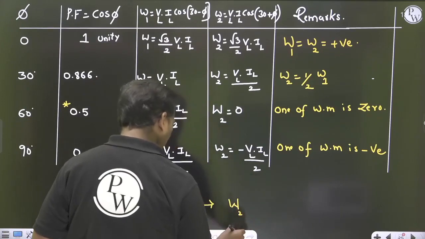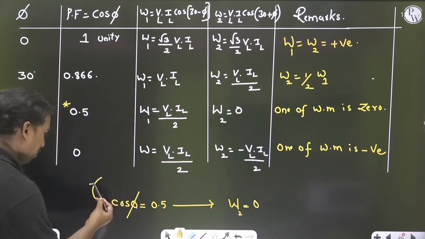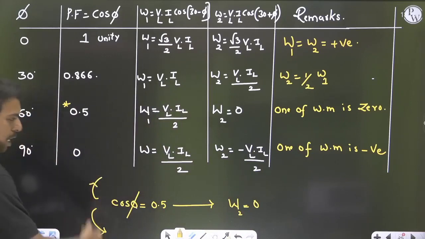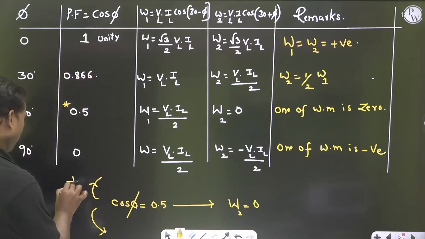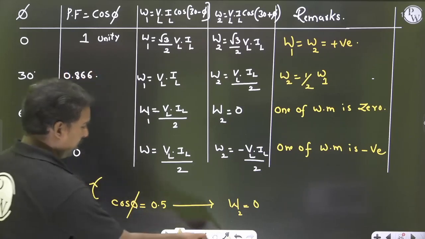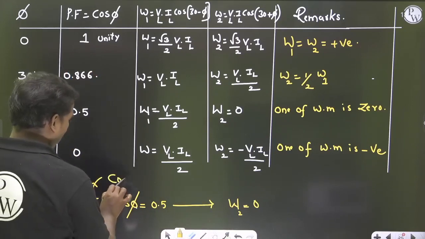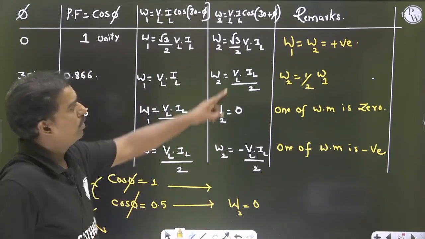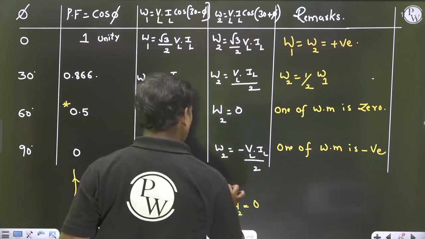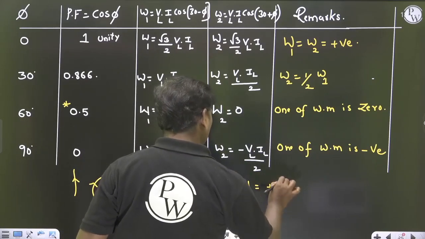Above 0.5 and below 0.5, what is happening? Above 0.5 means positive, it is going for the increasing power factor. That means if you take unity power factor as a reference, cos phi is equal to 1, then I am going to get both positive. W1 and W2 both are equal and positive.